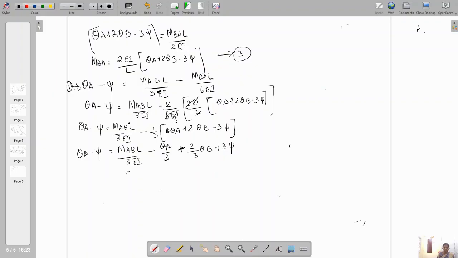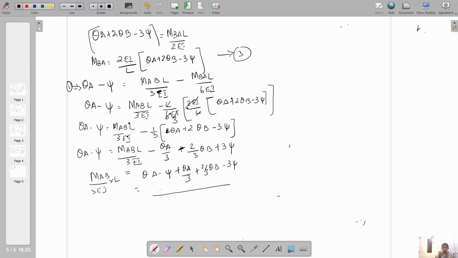Keeping this term on one side, MAB L by 3EI, bring all the other terms to the other side. Theta A minus psi plus theta A by 3 plus 2 by 3 theta B minus psi.